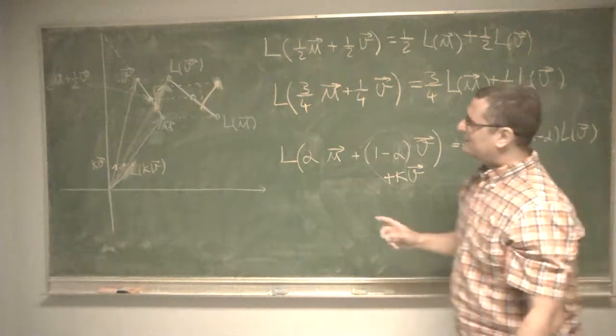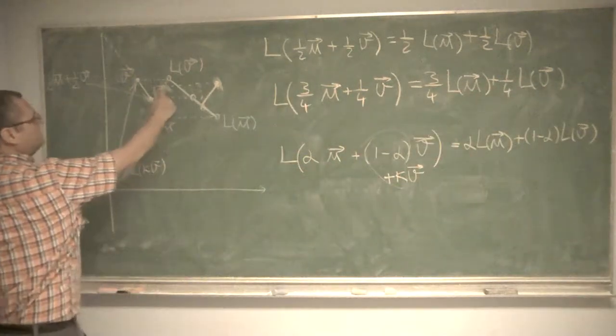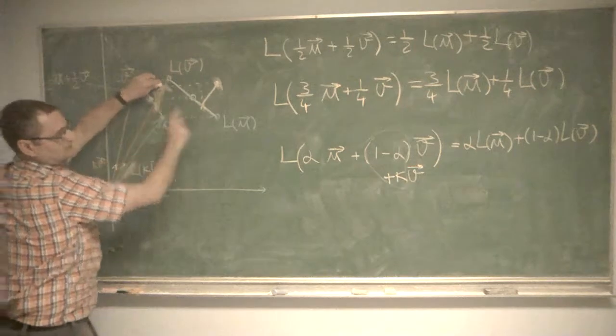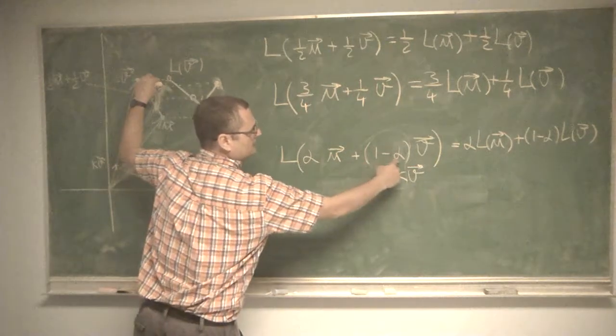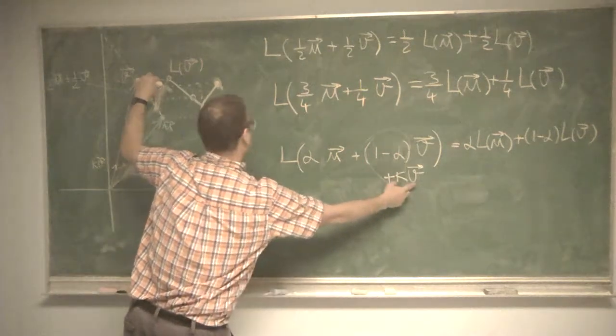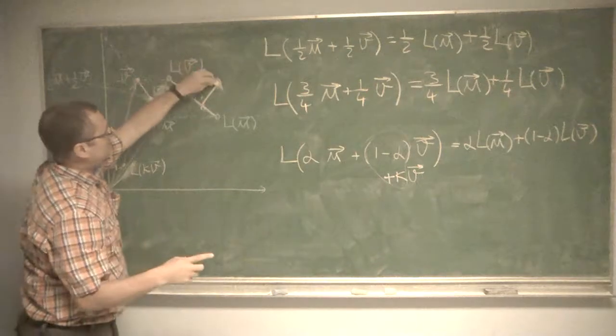Then the image, so I have this point, that's my alpha u plus 1 minus alpha v plus kv, gets mapped here.